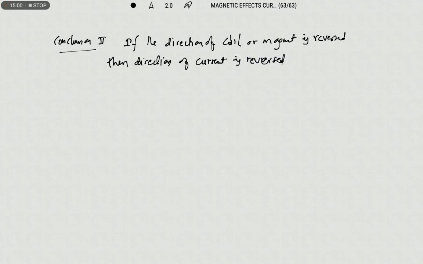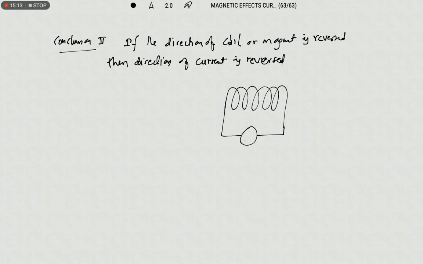Okay, the second conclusion. Then what is the next conclusion? Let us study one more conclusion here. Now the magnet is in motion and the coil is at rest. Suppose the pointer shows 2. The magnet is moving with a speed of 5 meters per second.